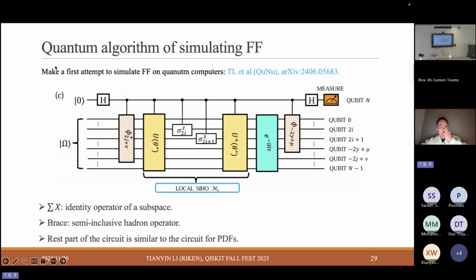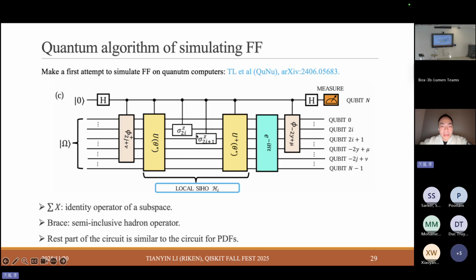According to this, we proposed a quantum algorithm to simulate the fragmentation functions on a quantum computer. The quantum circuit inside these braces is the semi-inclusive hadron operator. We do nothing for these qubits, because the sum over X contributes as the identity operator of this subspace.